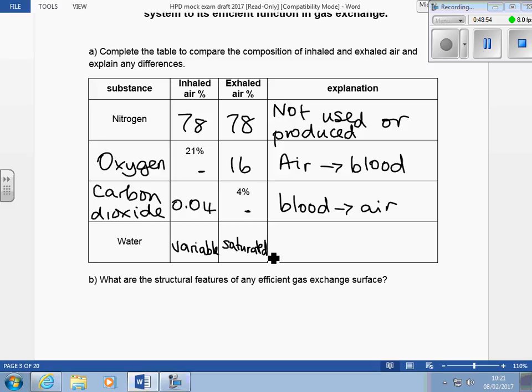We got the word in. Lung surface is moist, so you just get water getting into the air from there.